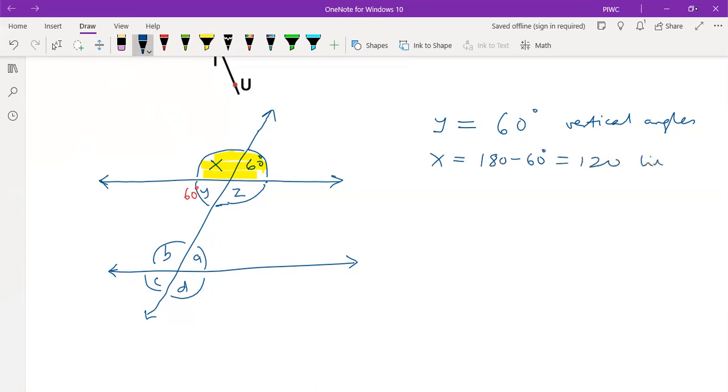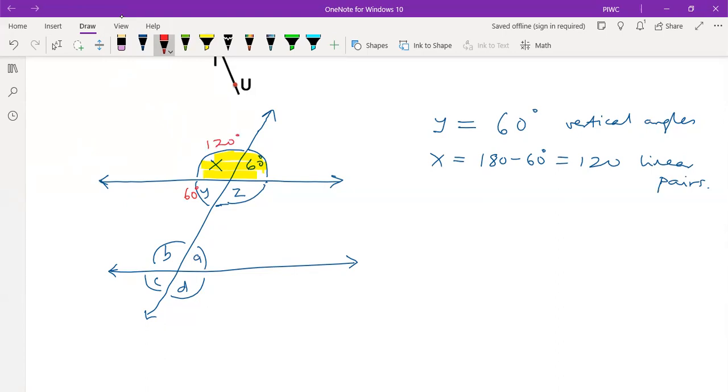So those are linear pairs. Add up to 160 degrees. Sorry, I said 180 degrees. So let's put 120 degrees here.